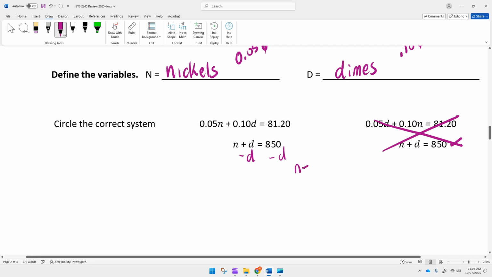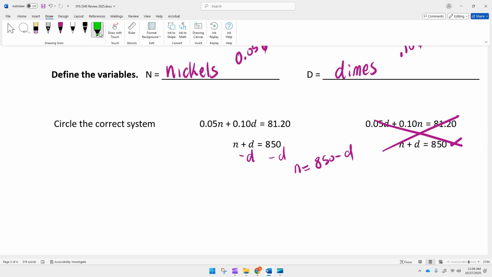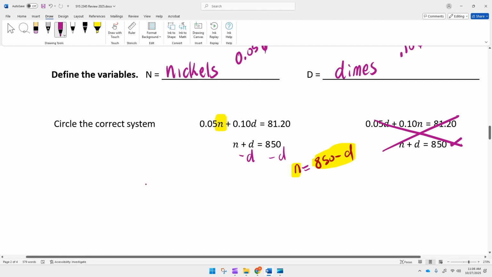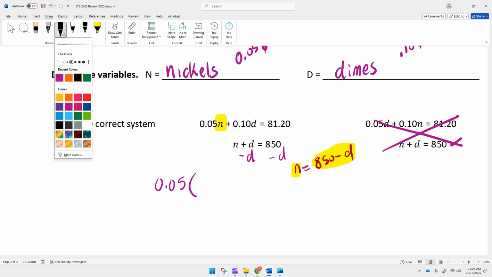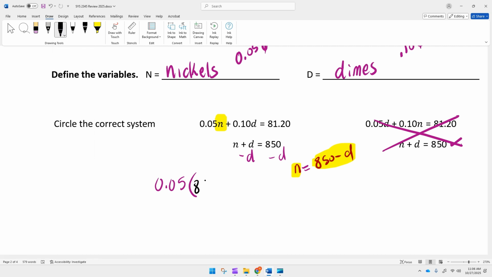So N is going to be equal to 850 minus D. We then want to substitute that for N. So I'm going to rewrite that top equation. So that becomes 0.05 times 850 minus D.